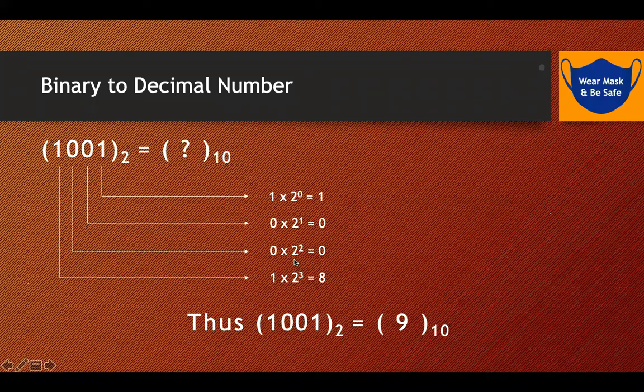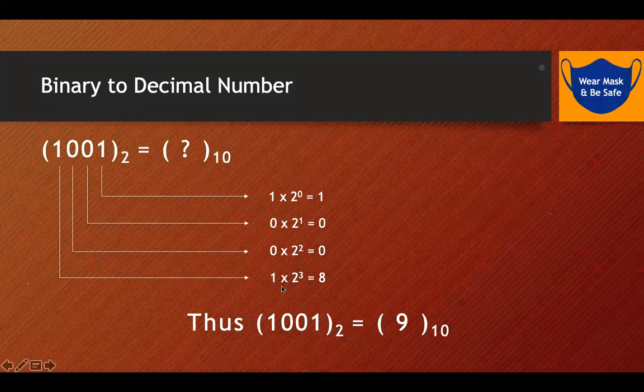Then the next number, here you can see the power is 2. That means 2 into 2, 2 twos are 4. But here it is written 0, so 4 into 0 equals 0. So we have written 0.